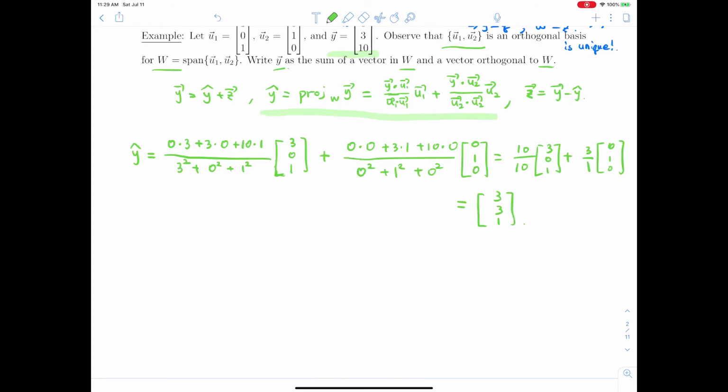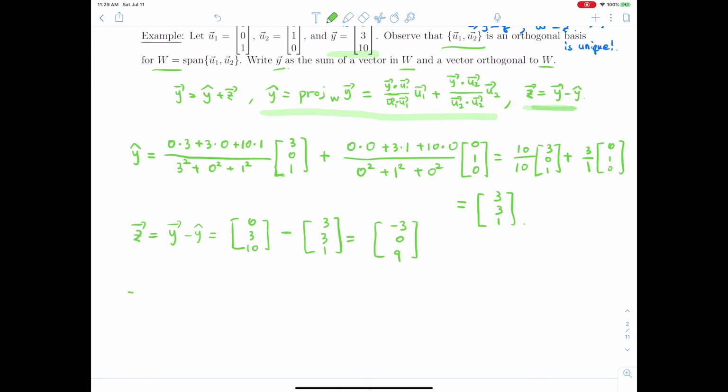Now for the z part, we can get z by the definition on the top right side. So it is given by y minus y hat. That equals, well, y equals 0, 3, and 10, and y hat is given by 3, 3, and 1. So this gives you negative 3, 0, and 9.